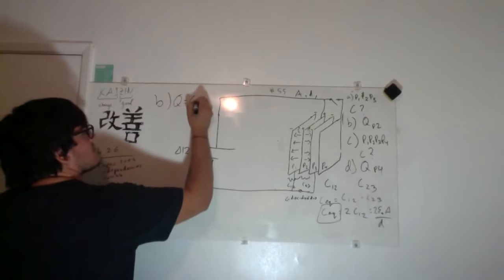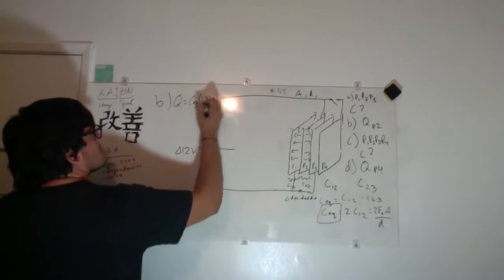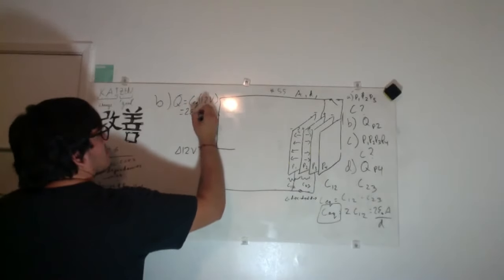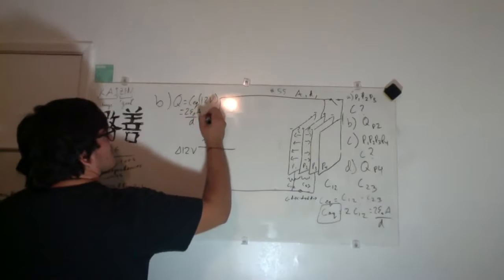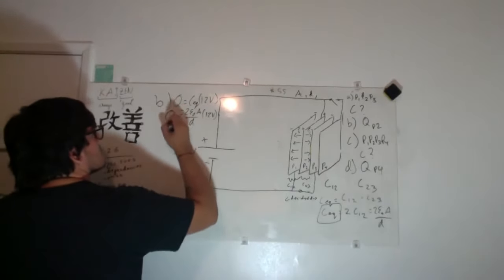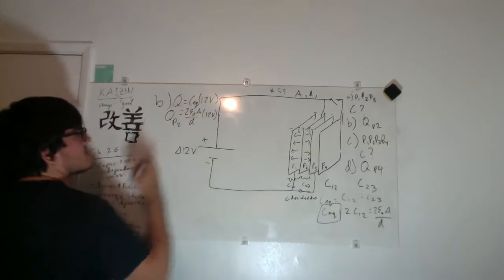Q is C equivalent times 12 volts. So 2 epsilon A over D times 12 volts. Right? And that would be the charge on P2.